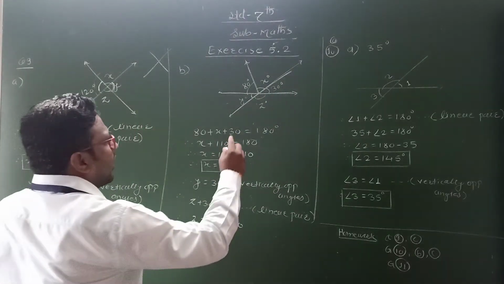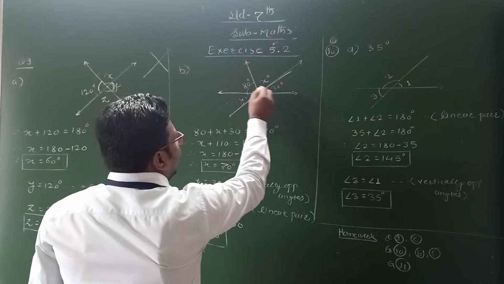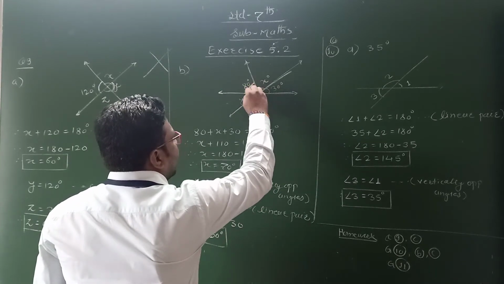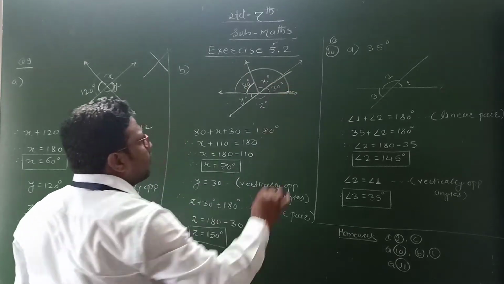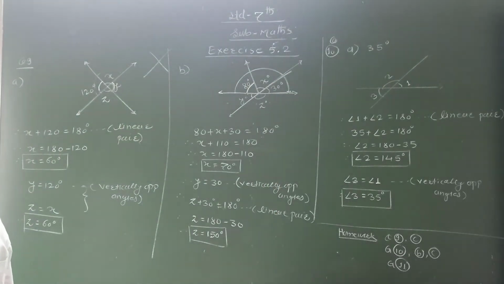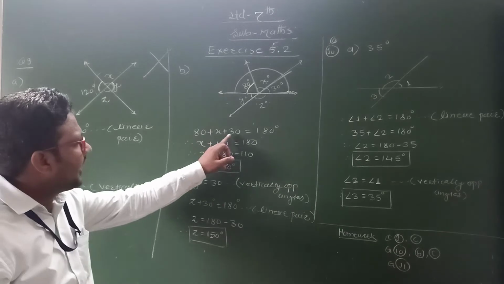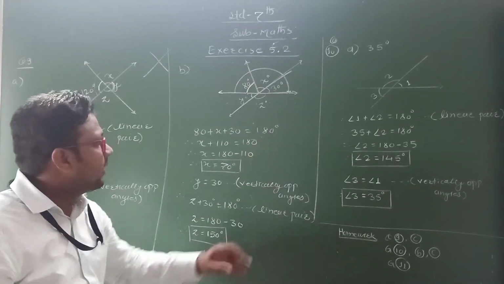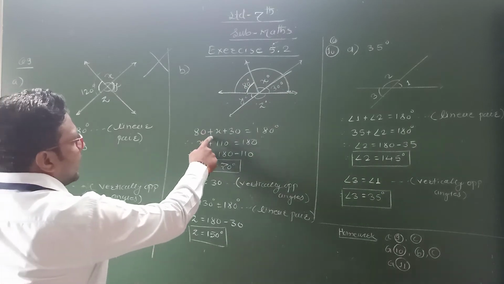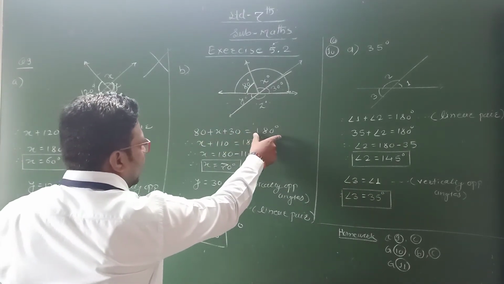Clear? Now for the x, now see, on this line, these three angles are formed, 80 degree, x and 30 degree. Clear? This forms the straight angle. Therefore, sum of these three angles is equal to what? 180 degree. Clear? Therefore, 80 plus x plus 30 is equal to 180 degree.